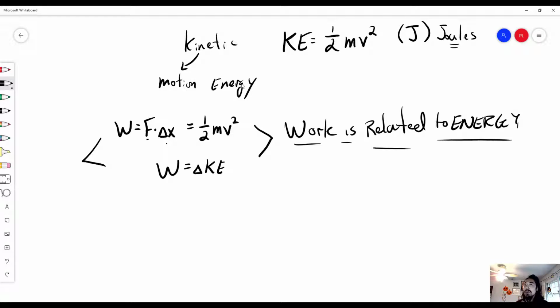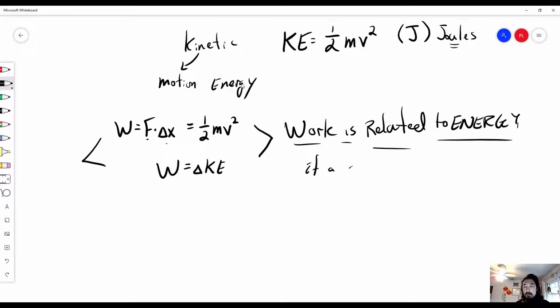So now we have to expand our definition of work, because before we saw that work was just force times displacement, right? If you exert a force on an object and it displaces itself, that's work. But now we have to actually view the scope of all the objects in the universe. If there's a change in energy, if something gets faster, if something gets slower, that means work was being done. You know what? In fact, I'll write that down.